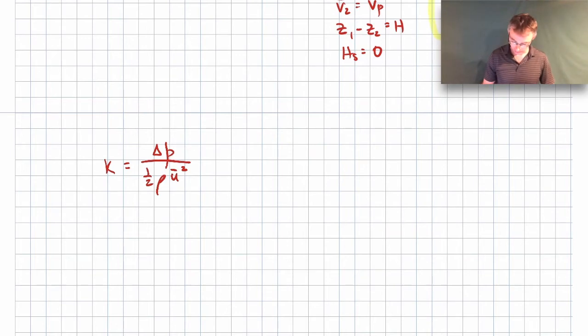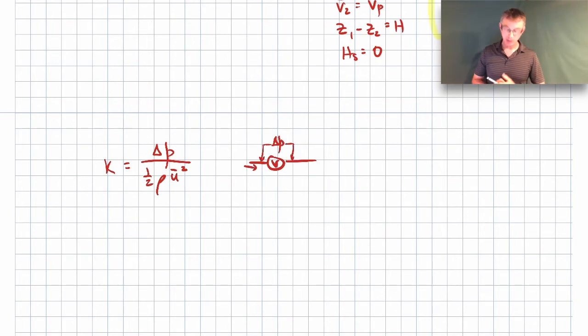So for example, we said that if there's a valve and we measure the pressure difference across the valve, flow going that way, we measure that pressure difference, we made it dimensionless using the dynamic pressure, using this expression, and we could get a loss coefficient for that valve. Okay, that's a pretty common way of doing things.